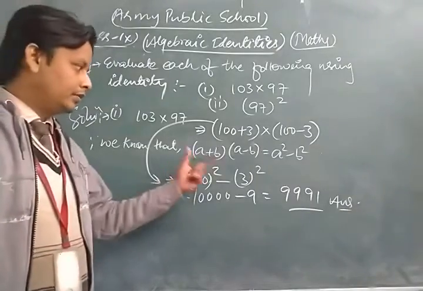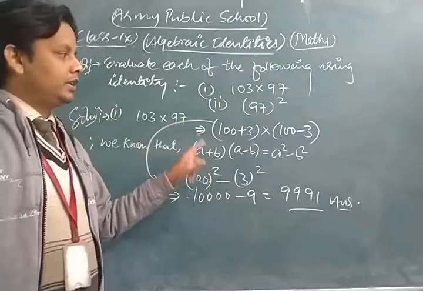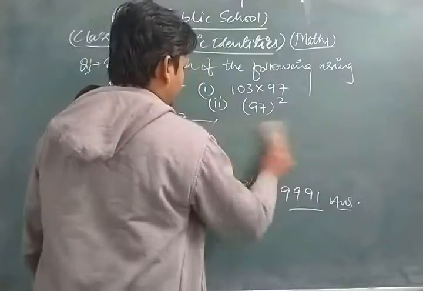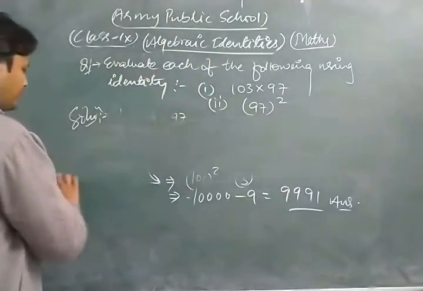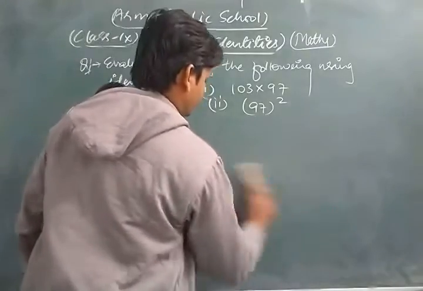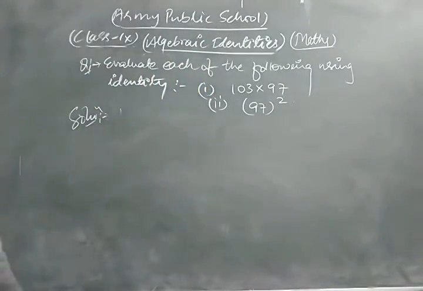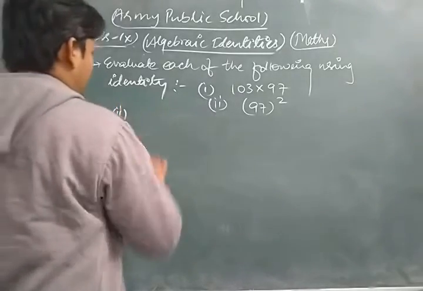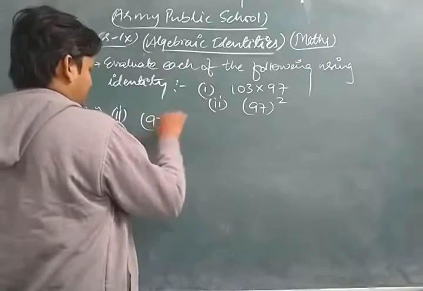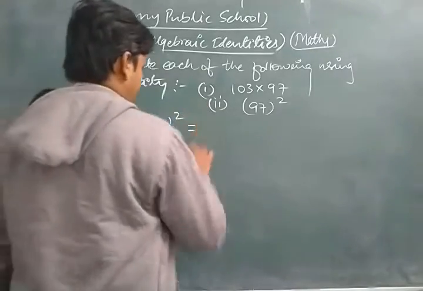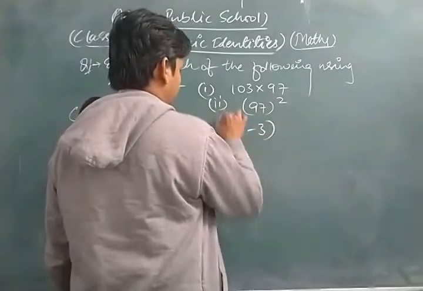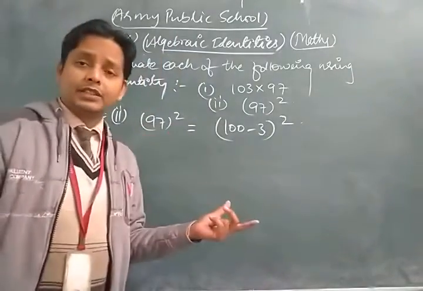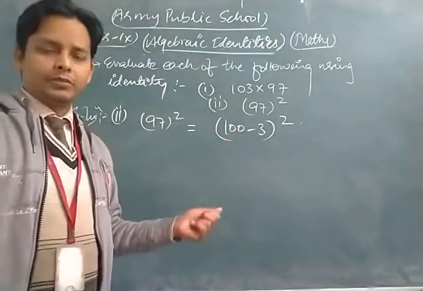Now similarly, here we use this identity. Now similarly, we can solve the second part of this question with the help of an identity. Let's see. We can write 97 as 100 minus 3, and 97 square is 100 minus 3 whole square.